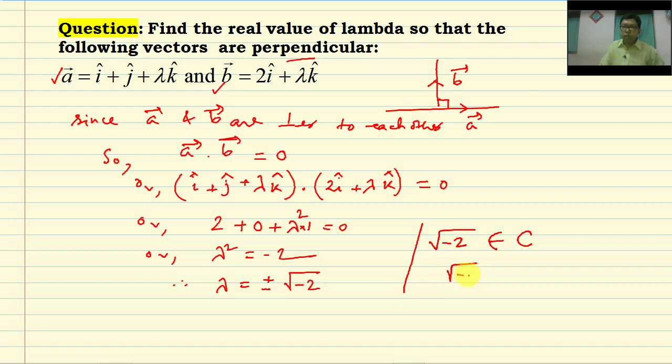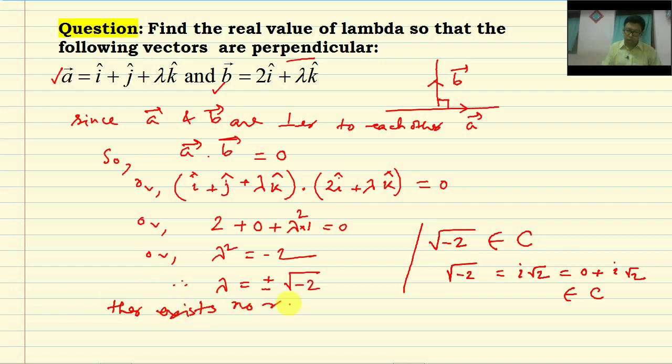The value of root over minus 2 is equal to i root over 2, that is 0 plus i into root over 2, which is a complex number. So you can conclude that there exists no real value of lambda.